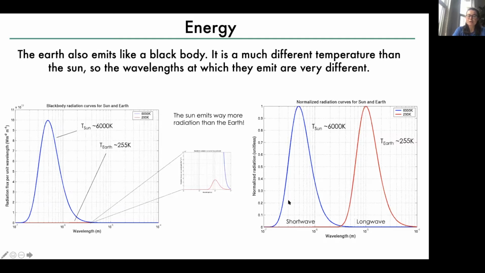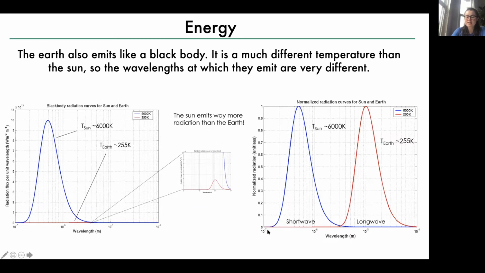So the sun emits way more radiation than the Earth. If we normalize these radiation curves, so we just divide each curve by its maximum value so the maximum is now 1, we divide the sun's radiation curve by 6,000 and the Earth's radiation curve by 255. This is the figure that we get.